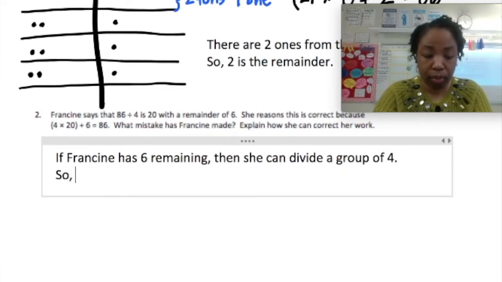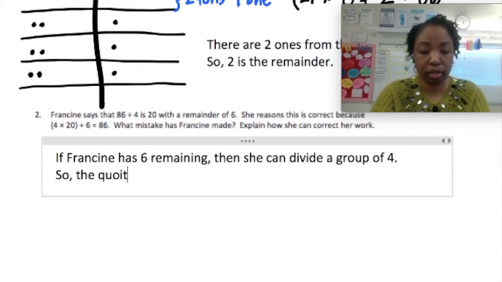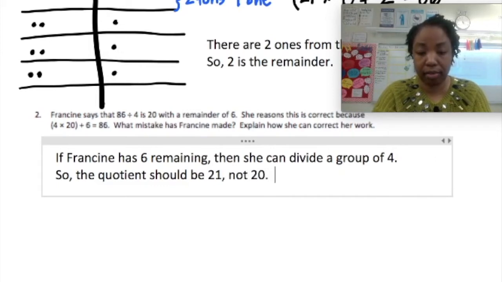So the quotient should be 21, not 20, with 2 remaining. Number 3.